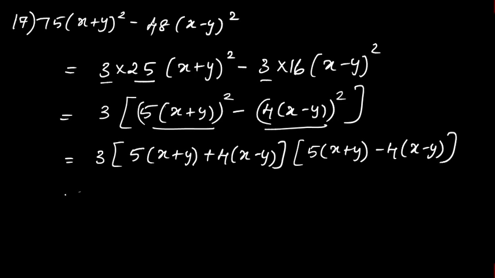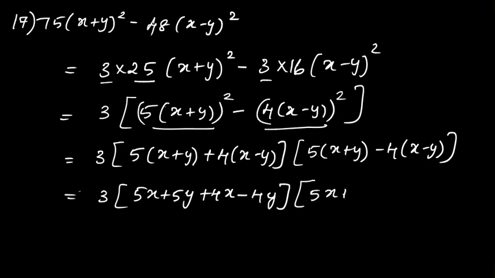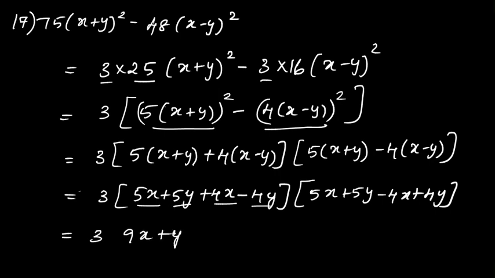So multiply the terms, we get 3 into (5x + 5y + 4x − 4y), and similarly here (5x + 5y − 4x + 4y). So simplify, 5x plus 4x, we get 9x. Plus 5y minus 4y, we'll get plus y. Similarly here 5x minus 4x is x, plus 5y plus 4y, we get 9y.